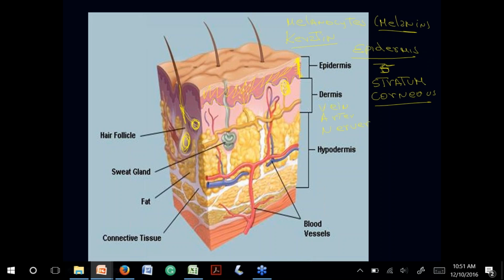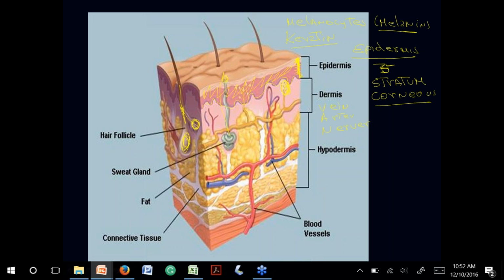Below that, in addition, we have the sweat glands, which release fluid with electrolytes. All right, so we have the hypodermis.